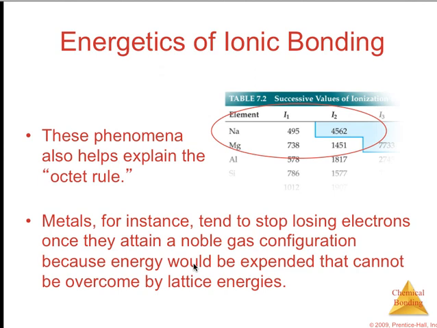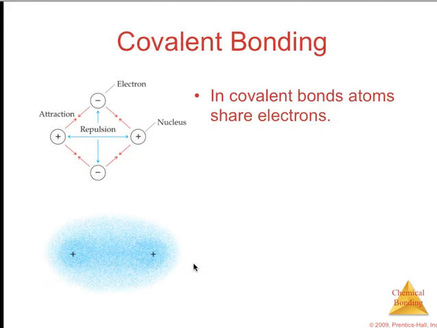So that's what you look for. Here, the metal isn't going to lose any more once it gets to that octet because the making of bonds after that is not going to be enough of an energy change to make up for the energy required to take those electrons away. And that's where this screencast will stop.